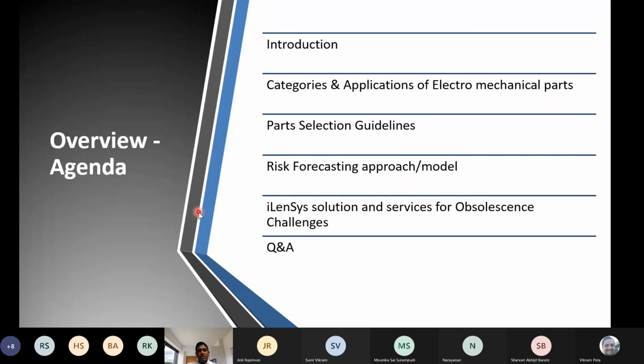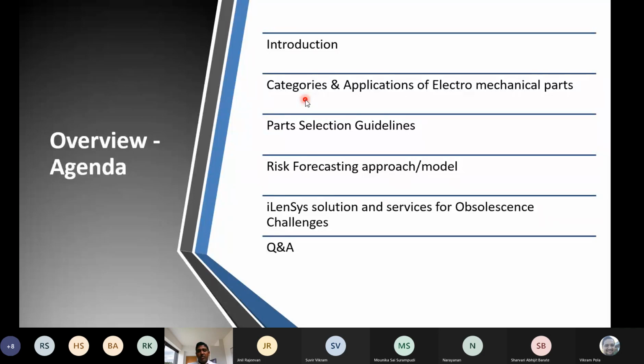So this is the overview and agenda for today's discussion. We will start with a brief introduction about iLenSys, and then we will quickly jump on to obsolescence management in general, in terms of gaps and challenges. Then we will get into the crux of today's webinar, which is obsolescence risk forecasting for electromechanical components.